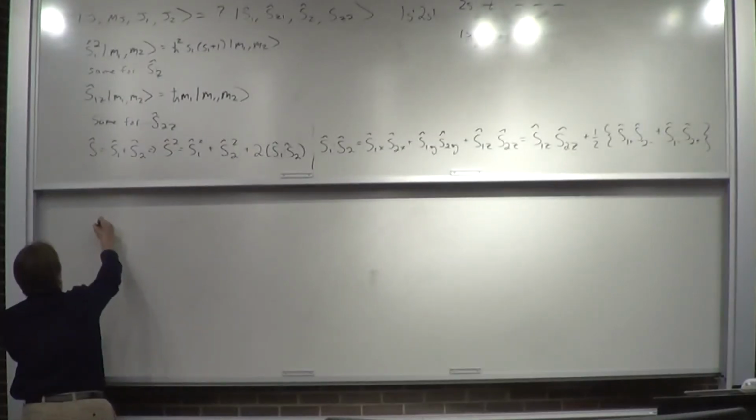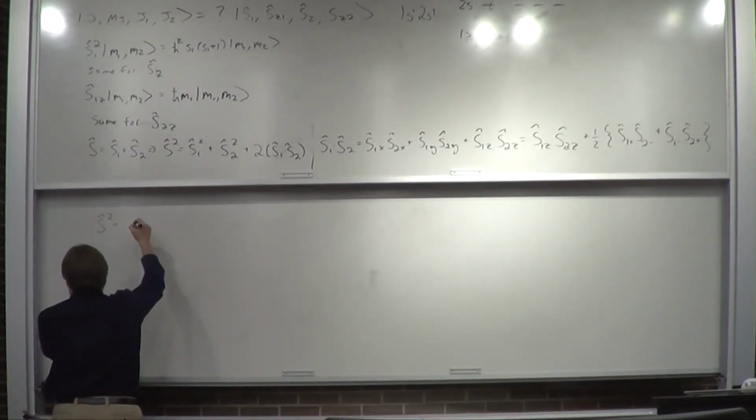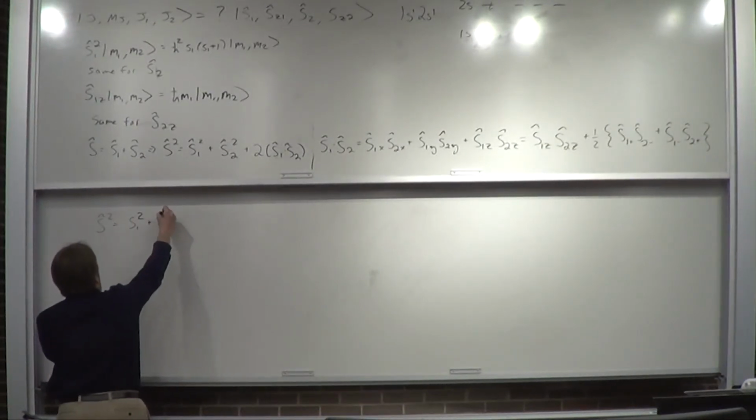I'm not using the boards today. So S squared is now S1 squared. Remember that was just the dot product of S1 and S2.